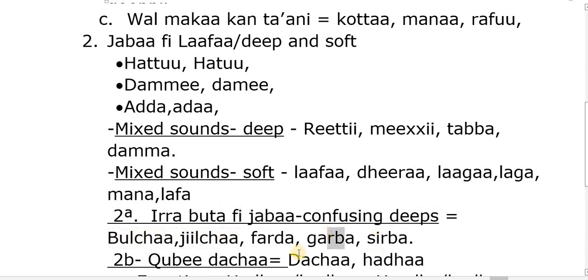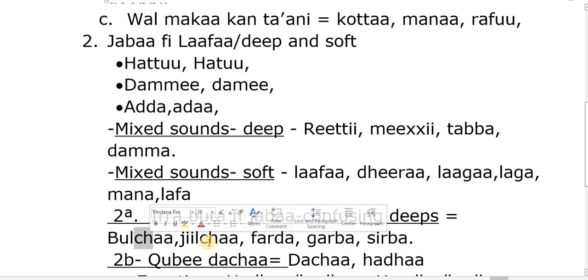There is another exception which we already saw here. Here, the irrabuta is followed by kubedacha. Kubedacha are the compound sounds like CH, TS, PH, NY, and so on.